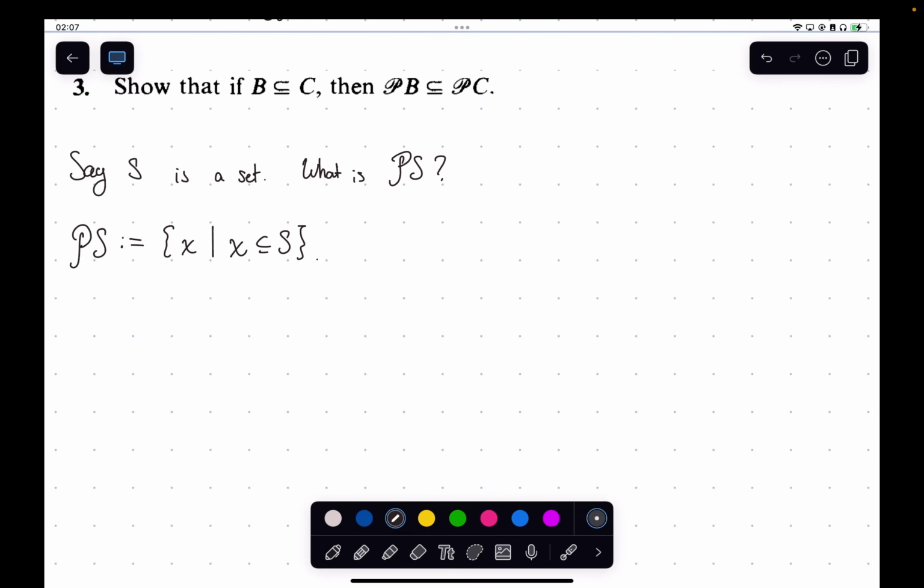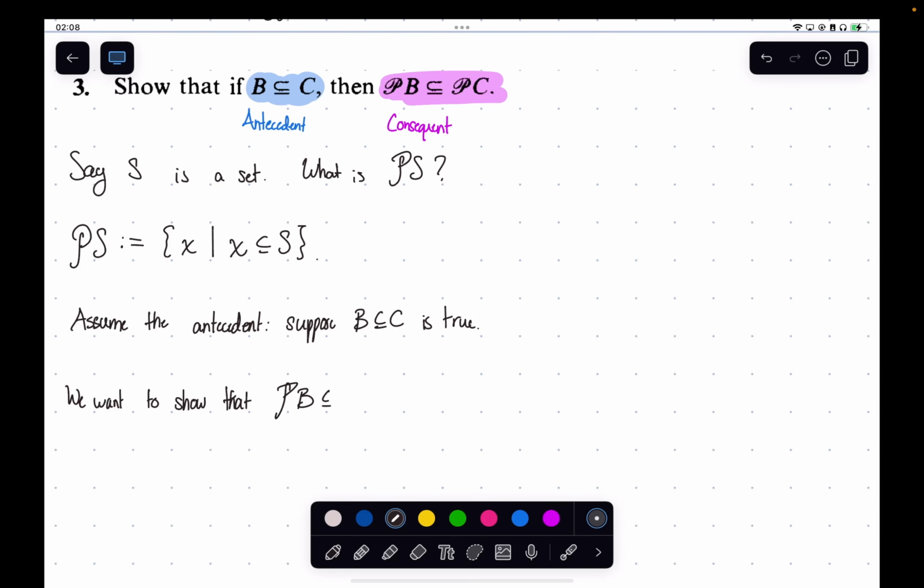Now I want to show that the power set of B is a subset of the power set of C. That's good enough. Okay, so if B is a subset of C, then every element of B is an element of C as well.